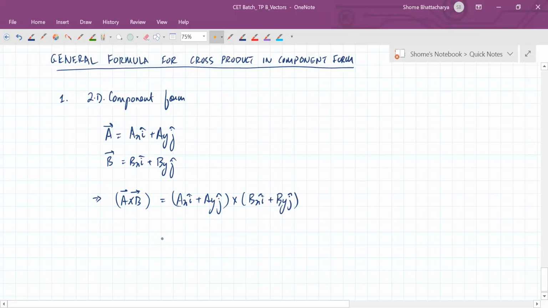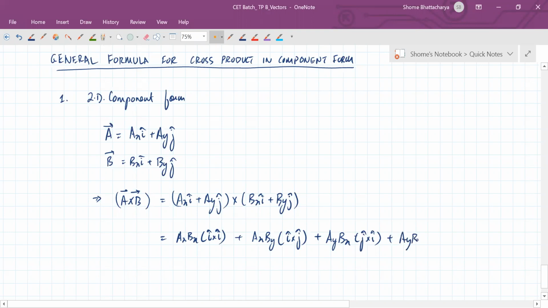So again, when we open this bracket, you can see it becomes Ax Bx into I cap cross I cap plus Ax By into I cap cross J cap plus Ay Bx into J cap cross I cap plus Ay By into J cap cross J cap.